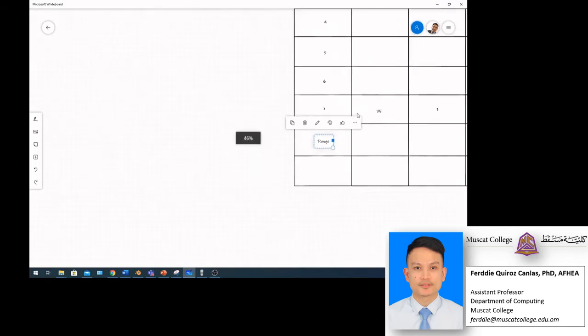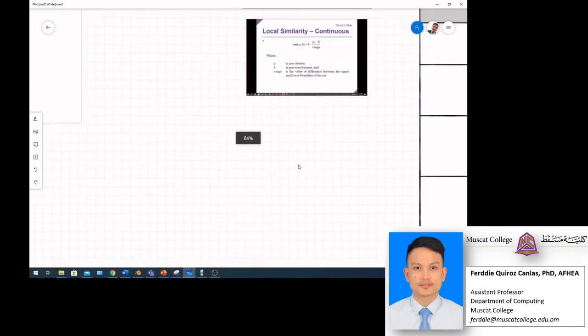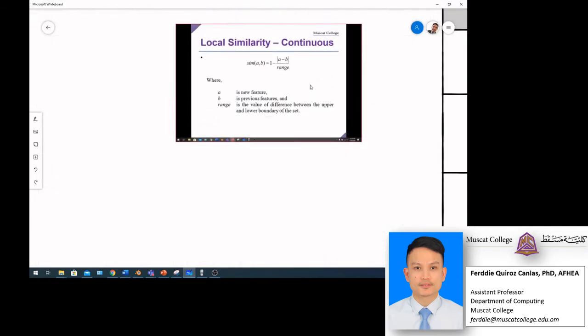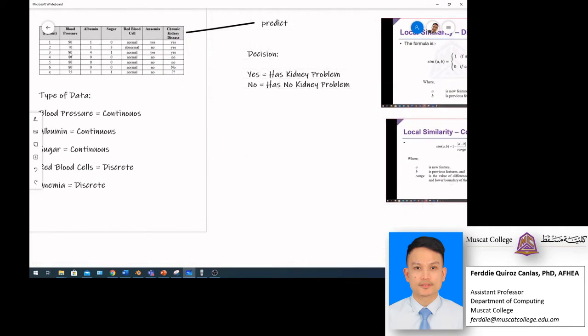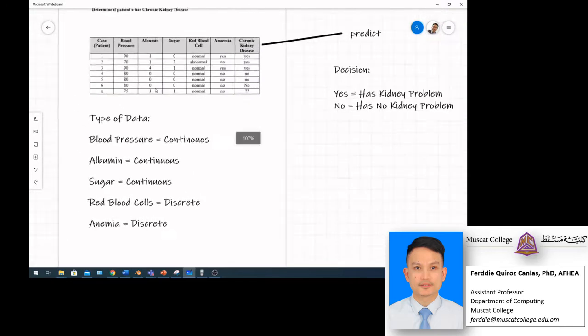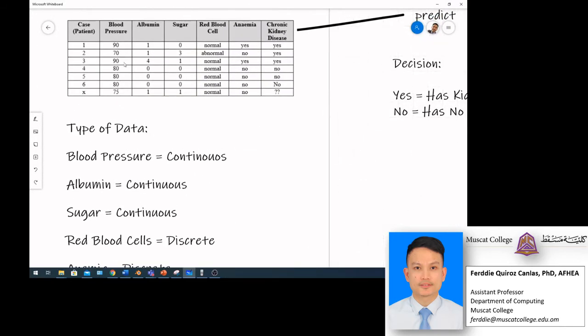Okay, so for the blood pressure, since it is continuous, we have to calculate the range here. So range is very simple, we know it. Range means highest minus lowest, right? Let me just write here highest value minus the lowest value. So for the blood pressure, the highest is 90, and the lowest is 70, right?